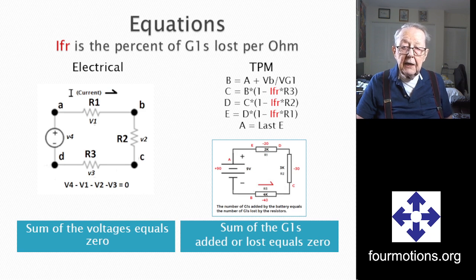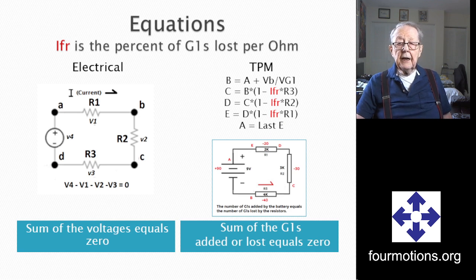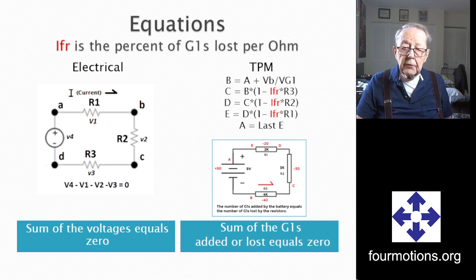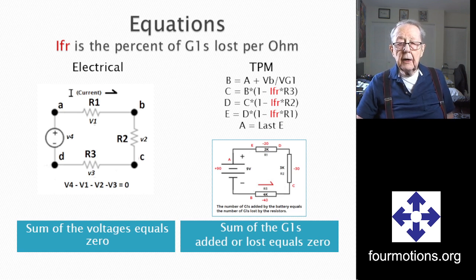Then to get C, you take B. B is the input to the R3 resistor, and it loses a certain percentage by going through R3. IFR is a new term, just like VG1 is. IFR is a term that tells us how many G1s are lost based on how many are input and what the resistor value is times the IFR term.